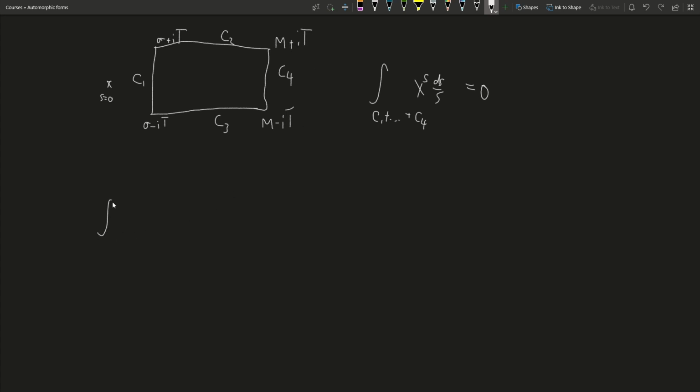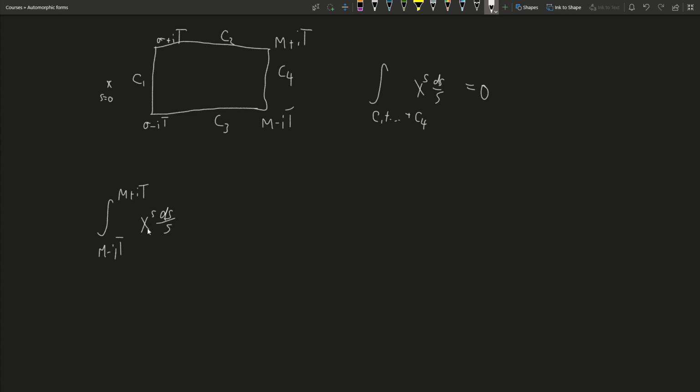So the integral along C4 is going to be the integral from m minus it to m plus it of x to the s ds over s. Here we can use the triangle inequality and take the absolute value of the integrand.